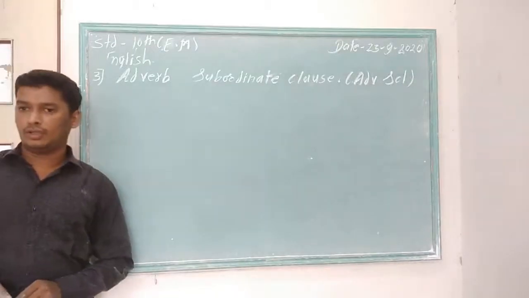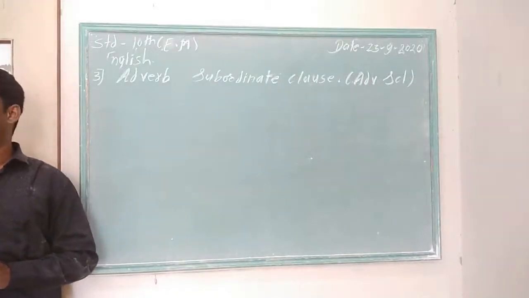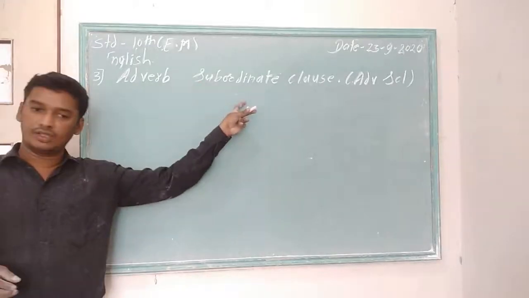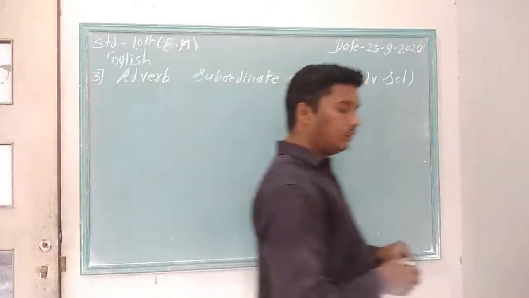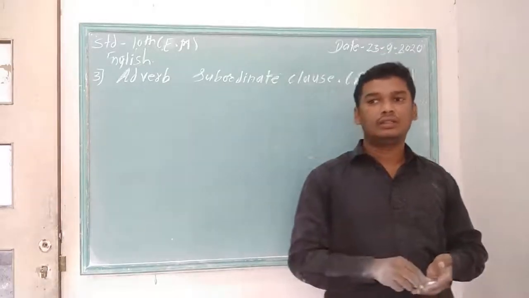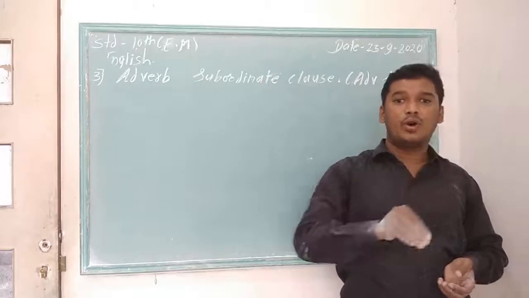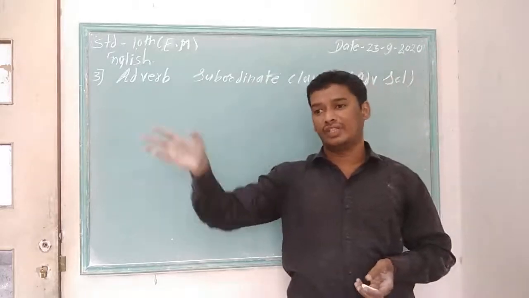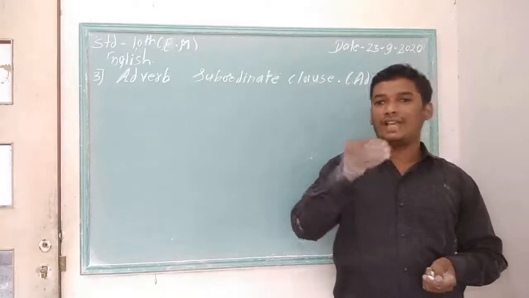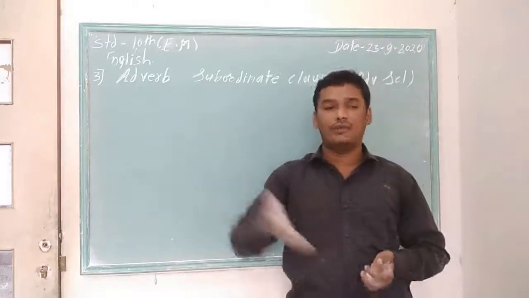Look, we have learned about adverb. Adverb is such a word. Just write the title and pay attention. An adverb is such a word which describes an action, an adjective or another adverb in the given sentence. That is also a describing word of an action or adjective or an adverb.